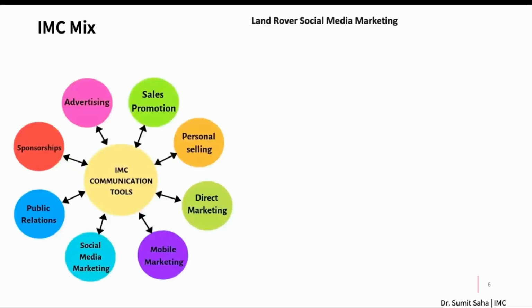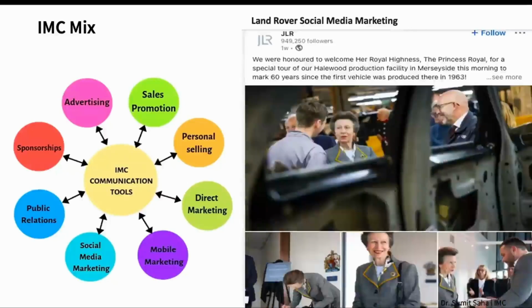Okay, maybe through reporters' conference, maybe in a certain conference the big shot of the company is present, okay, and he's talking something and all of those things. So before that, okay, this is social media marketing, another example. You can see that I took it from LinkedIn, if I'm not wrong.